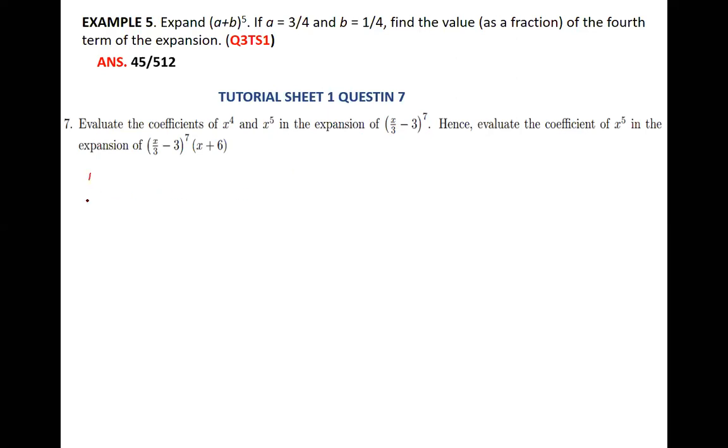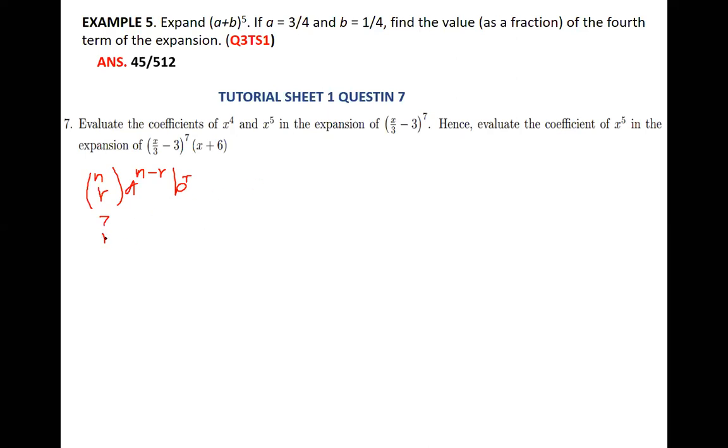First of all, you write your formula there. N choose r, and then your a to the power n minus r, and then your b to the power r, like that. So your n choose r, you identify your n there. My n is 7. So this is 7 choose, what is the value of r?